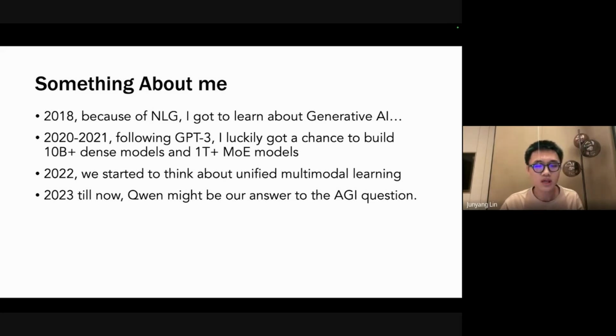But then we got back to thinking about unified multimodal learning, because we would like to build an AI system which is compatible with multiple modalities and multiple tasks. And then ChatGPT just came to us, and we found that, wow, this is the brain that we had been eager for a long time, because we had an AI system, but we did not have a smart brain, and maybe a large language model is the answer.